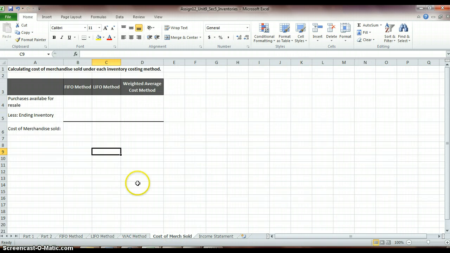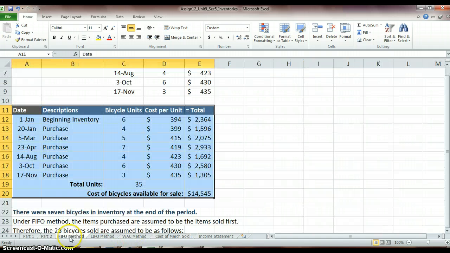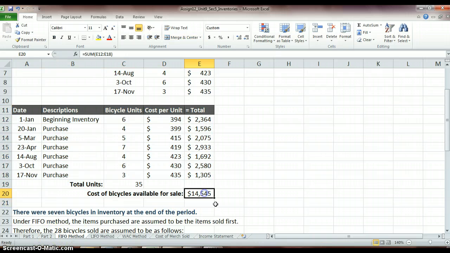Now we want to find the cost of the merchandise that we sold. In order to do this, we're going to need the numbers that we had for purchases available for resale, and then we're going to want to subtract what we had for ending inventory to find out the cost of merchandise that we sold. So the purchases available for resale, that'd be this 14,554 number.